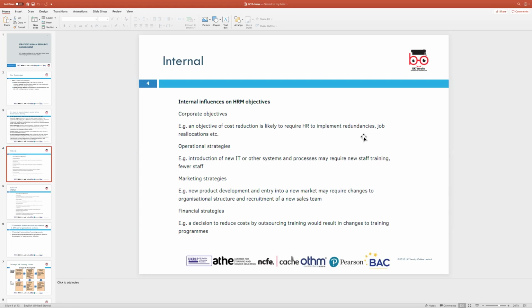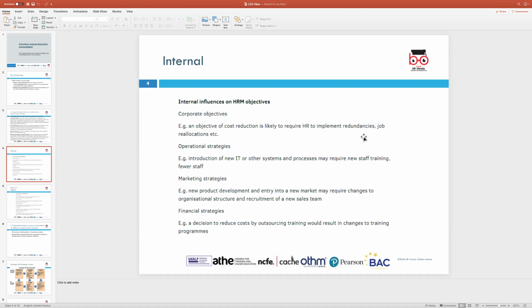No problem. Then you have operational strategies. I've covered all of these bits, but I'm just going to quickly run you through it again. So operational strategies might be the company coming up with a new system in place. For example, in LO2, I mentioned that people in the age group of 45 to 55 might struggle if new software is implemented.